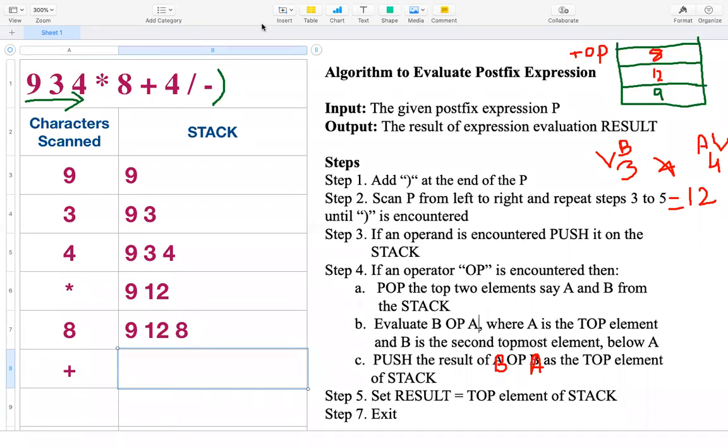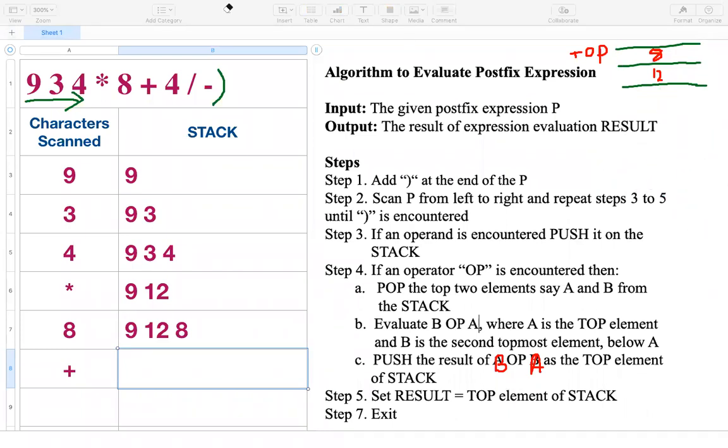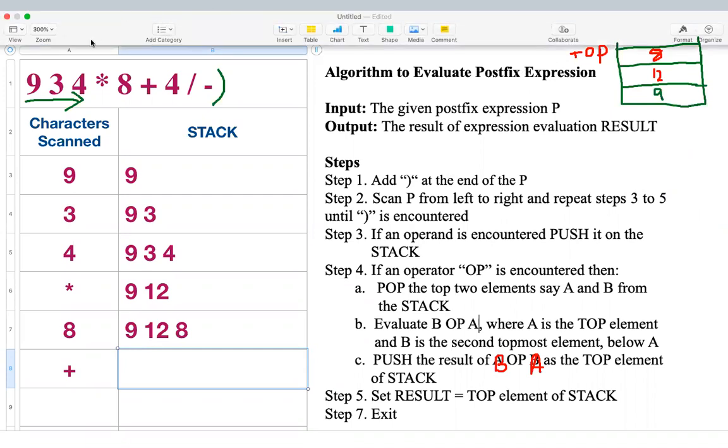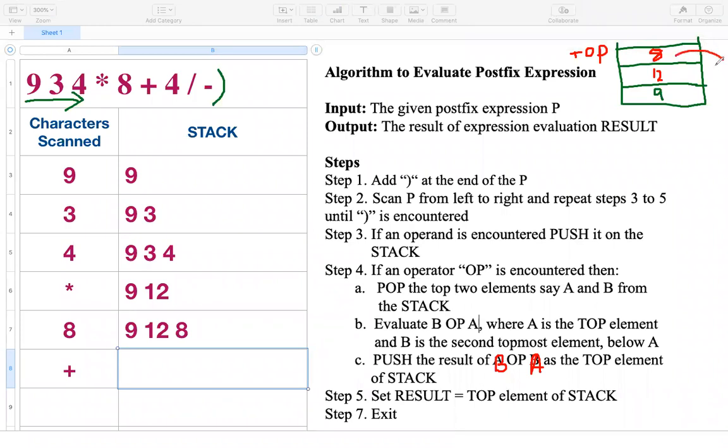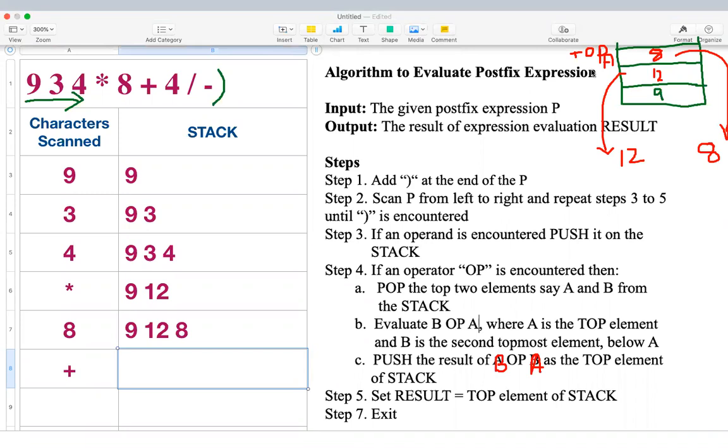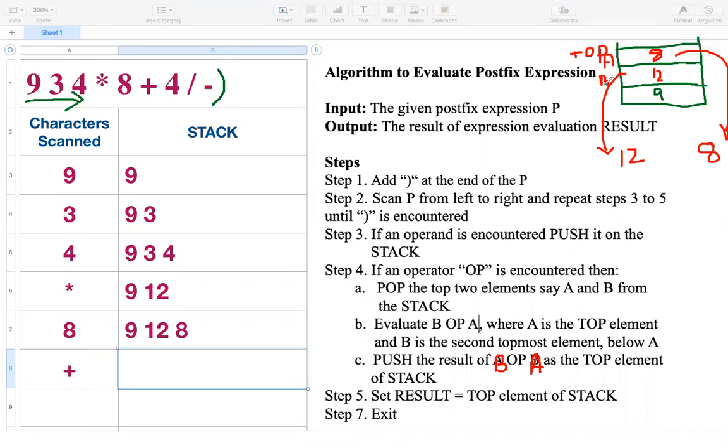So in this case, what happens is, the top two elements in the stack are 8, so this is my A, and 12, so I have 8 and 12, and this is my B. When I pop these two elements from the stack, these spaces become empty.